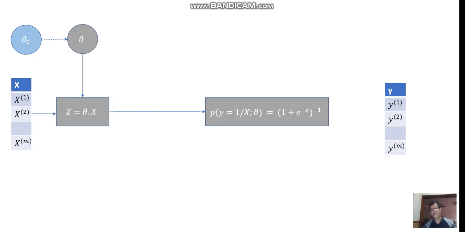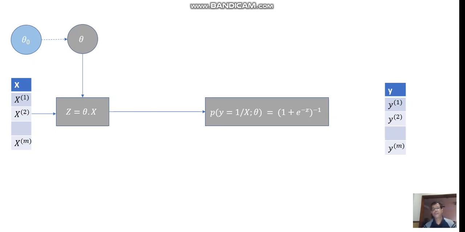So what does the sigmoid function say? The sigmoid function says that the probability of y equal to 1 given x, parameterized by theta, is equal to 1 over 1 plus the mathematical formulation I am showing here in the box.